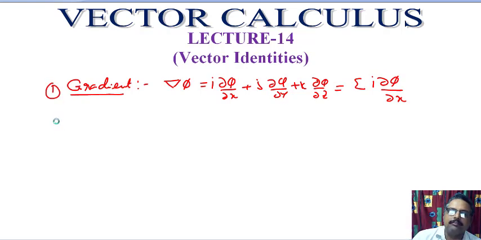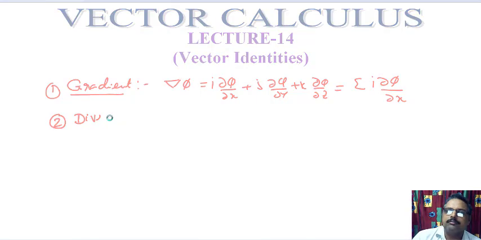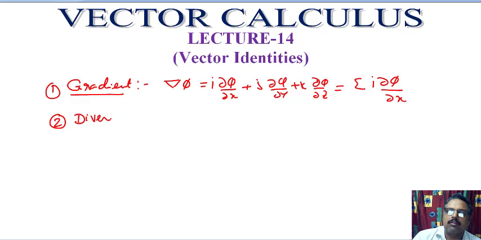Now second, divergence. Simply it is denoted as div f. Div f means del dot f.